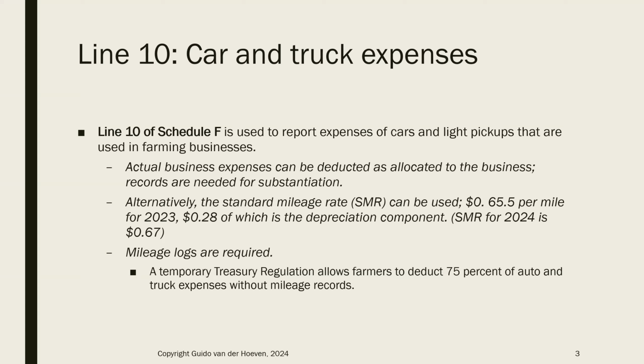I'm not so sure it's temporary, but it is designated within the Treasury regulations as temporary. It allows farmers, and I'm not going to define farmers again, as we've talked about that in the past 2 webinars, to deduct 75% of auto and truck expenses without mileage records. But we still have to have some kind of record to figure out what was 75%, one way or the other. It's a bit of a safe harbor.